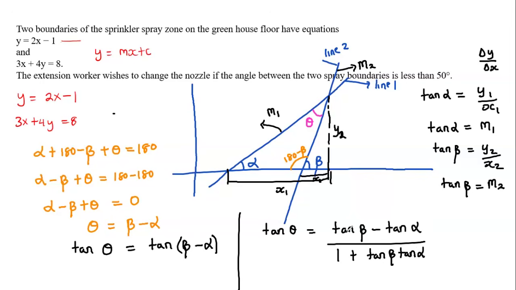Where there is tan beta, that is m2, and tan alpha is m1. So tan of theta is equal to m2 minus m1, divided by 1 plus m2 m1. Now members, this is where that relation comes from.